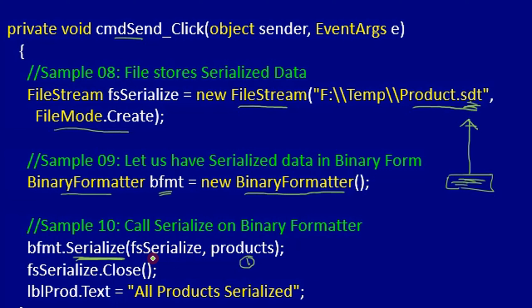Next, we are providing the file stream. Here the file stream tells where the content needs to go. So products is the one that needs to be serialized using the binary formatter. Then the serialized information should go and stay on the disk file.